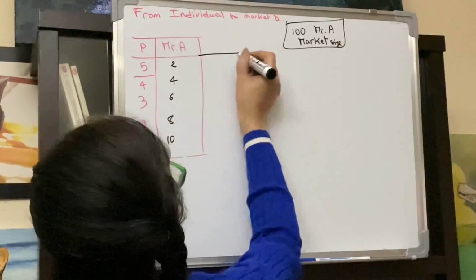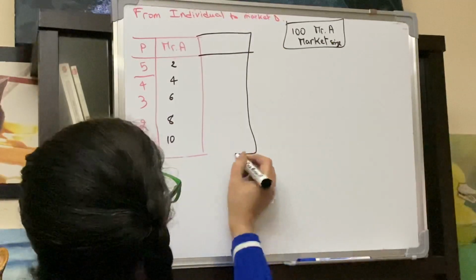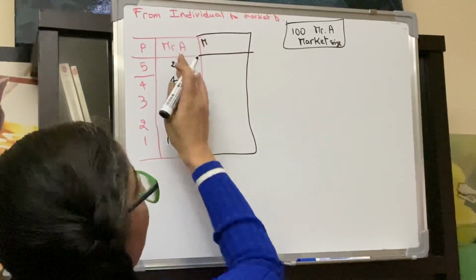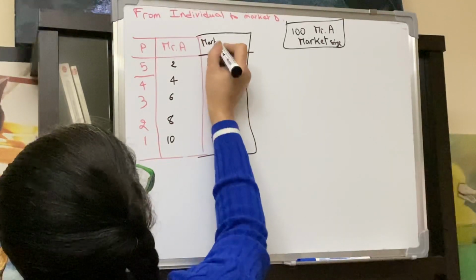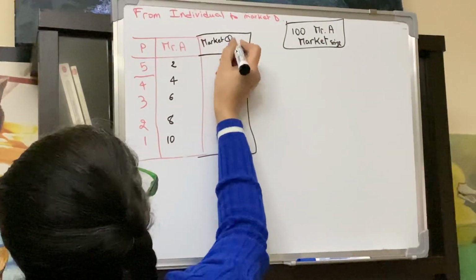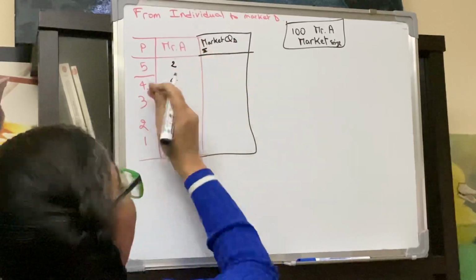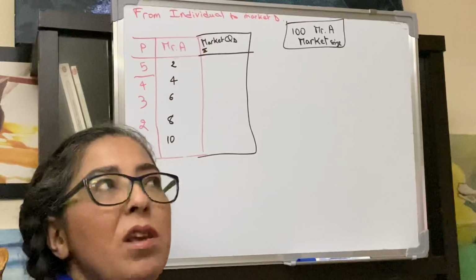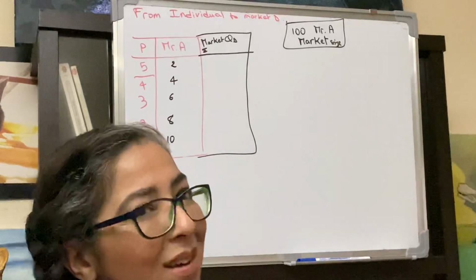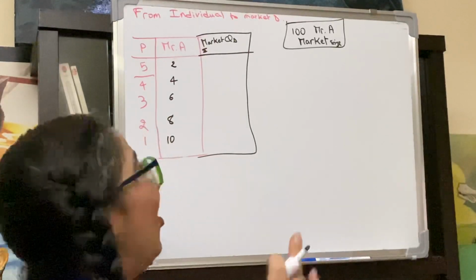So my market demand is the sum of each one of them, okay? Market quantity demanded would be the sum of each one of them, but you're summing the same number 100 times, it becomes a multiplication, okay?